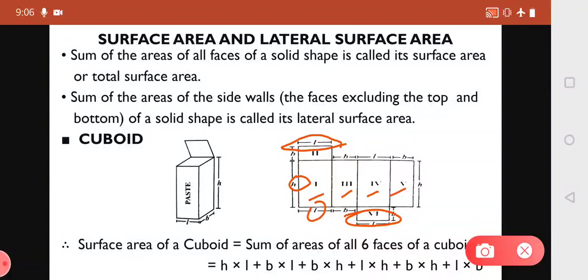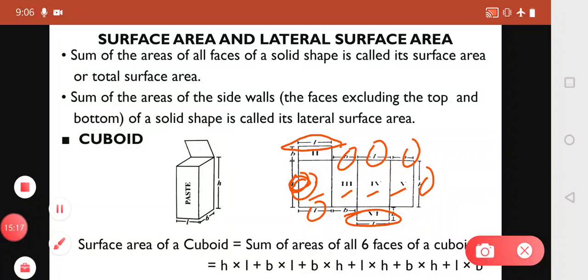For the third we have breadth into height. For the fourth again we have length into height, and for the fifth we have again breadth into height. So let's see what we get when we add these areas of the four rectangles.